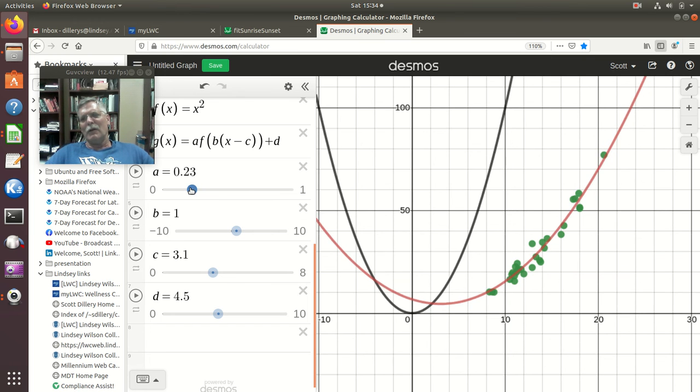And there, what I've kind of done is, if I can get it to stay close enough, 0.23, 0.24, somewhere in there. But here, I've gotten it to touch the ends a little better than it had been. And it still seems to be going through the data. And so I've messed with A, C, and D and gotten that.